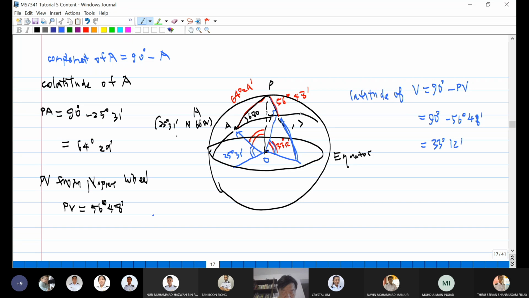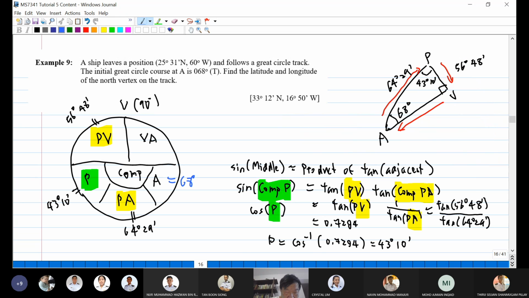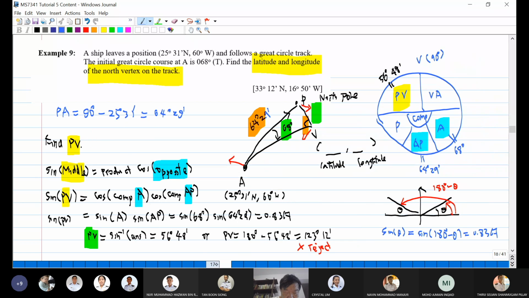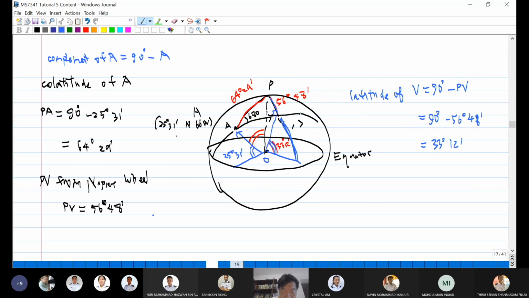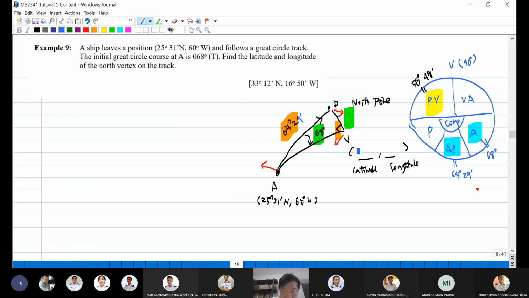So then I come back to the picture now. The latitude of V now, based on the calculation I have here, is 33 degrees 12 minutes, so I put it here: 33 degrees 12 minutes north. How come you know it is north? Because of the direction of the ship. The ship moves in the northeast direction, so you continue to move north.